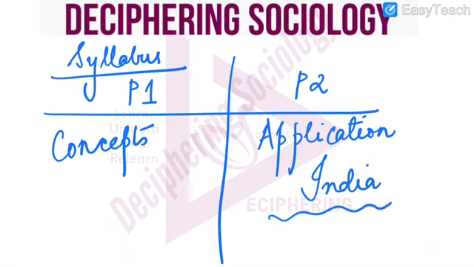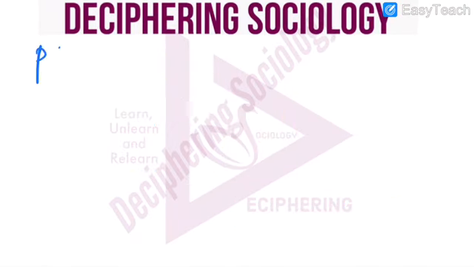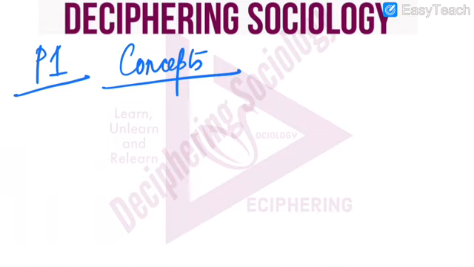So, if you want to understand paper 2 or the application, first of all you have to strengthen your base, which is the concepts. Now let us move to paper 1. When we are talking about concepts, what exactly are we referring to here?